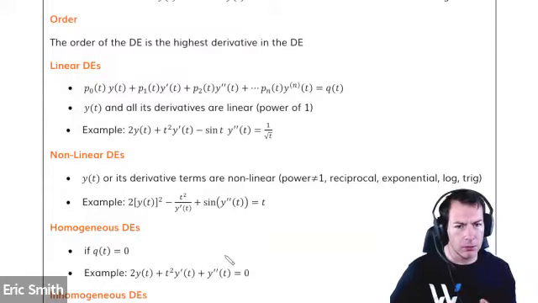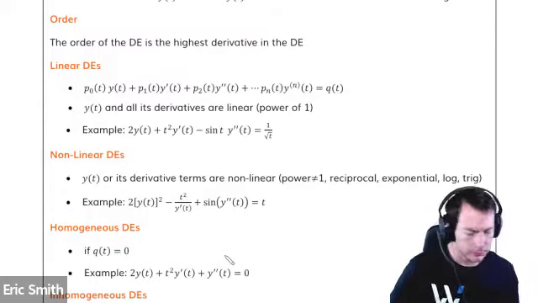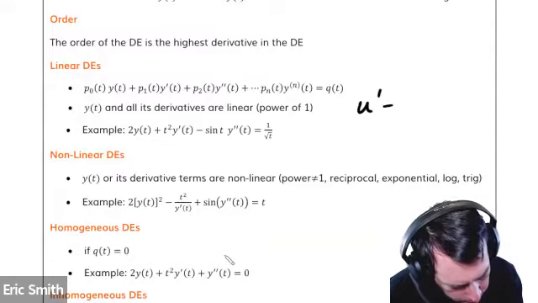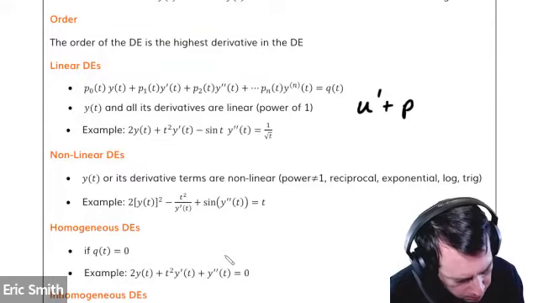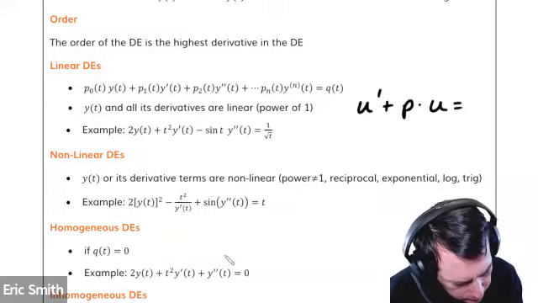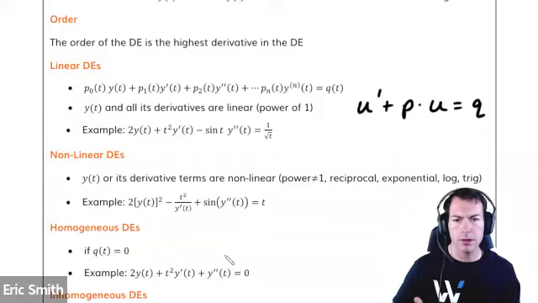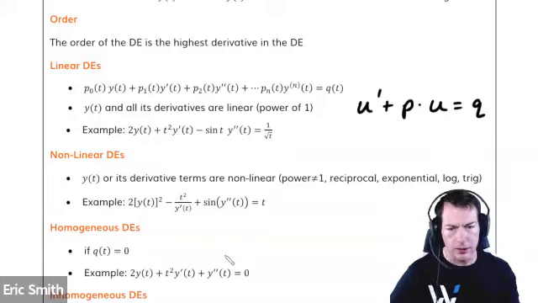And these have a very specific form that they can be written in. So you can write them with their first derivative, maybe some sort of function multiplied by the original, and then you might have it equal to some sort of function on the other side. You'll see this form show up one more time when we really start diving into the linear differential equations. But again, some common things that you're looking at here is that they are first order.